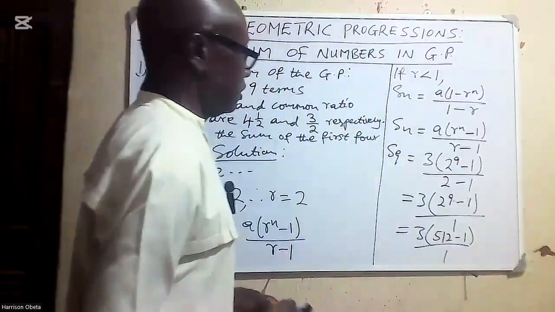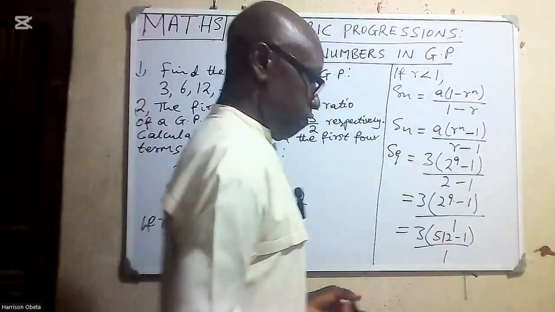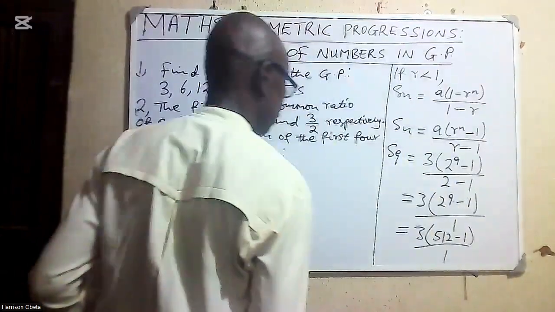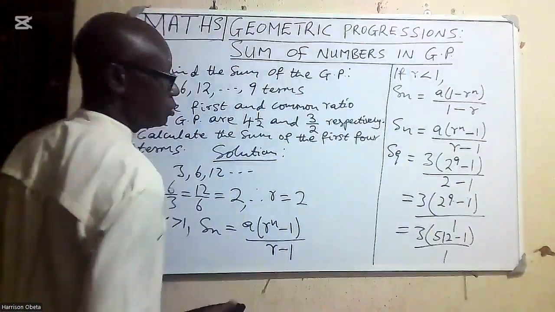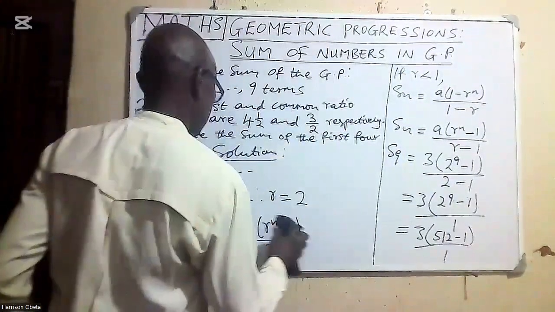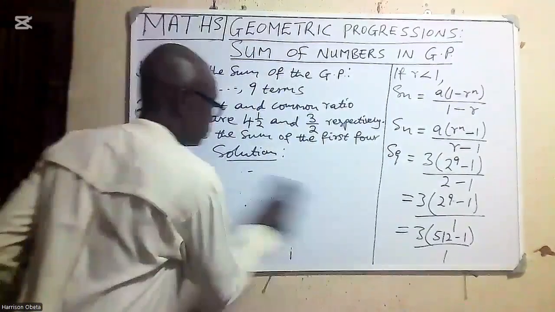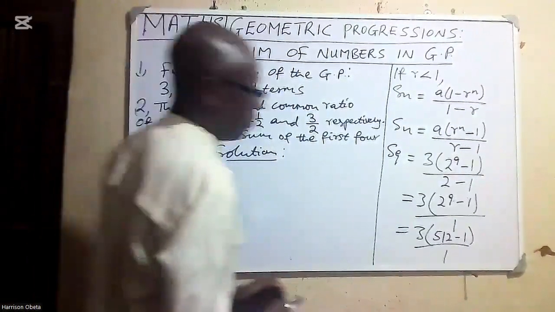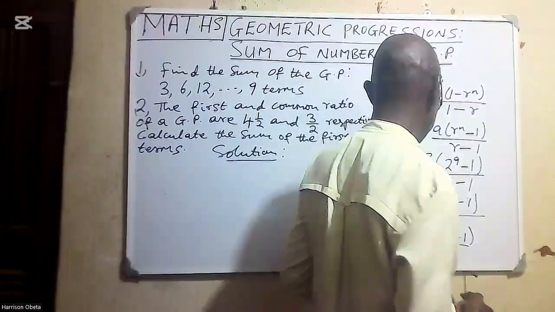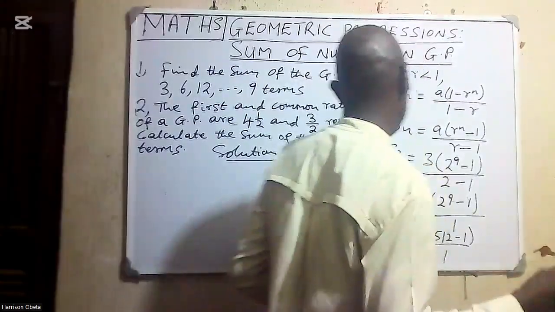So if you subtract, it will now give you 510. Sorry, 511. So coming back here, we have 512 minus 1 should be 511.